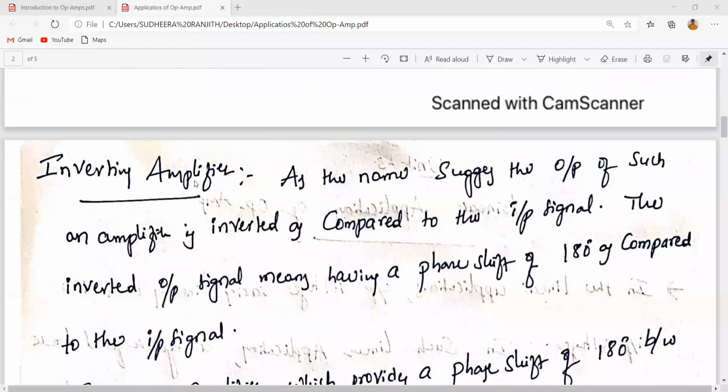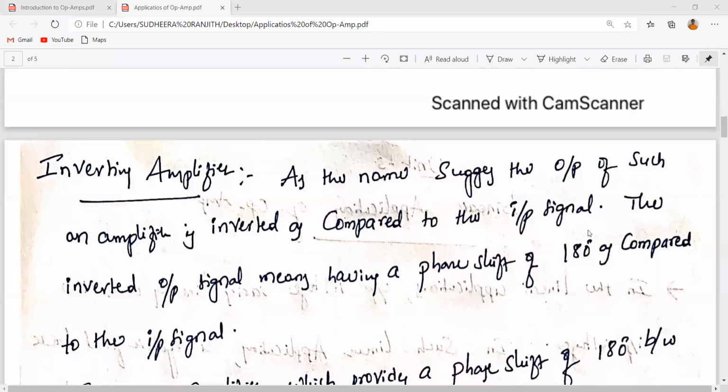So now coming to the first linear application of op-amp, the inverting amplifier. What is an inverting amplifier? How does the output look? As the name implies, the output of such an amplifier is inverted as compared to input. That means V0 equals minus Vin. If we apply input to the inverting input of op-amp, you get output V0 equal to minus Vin.